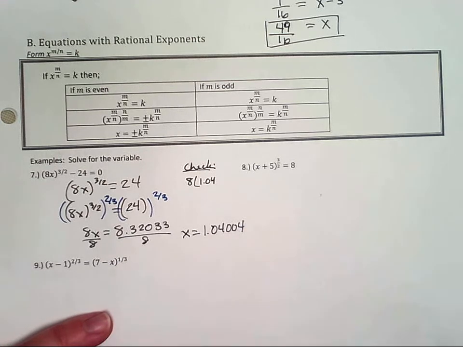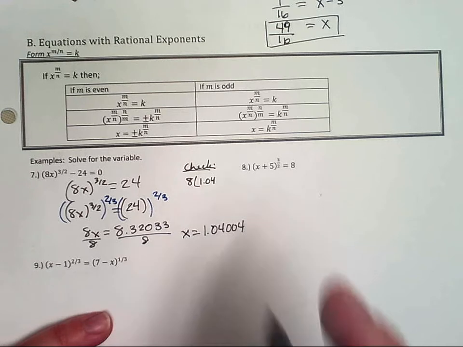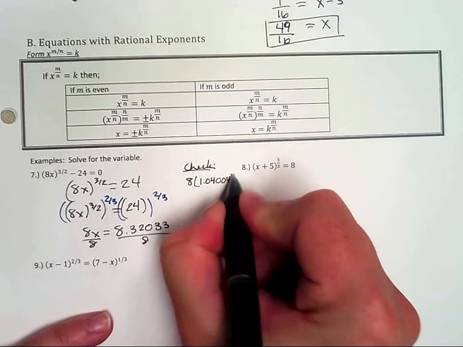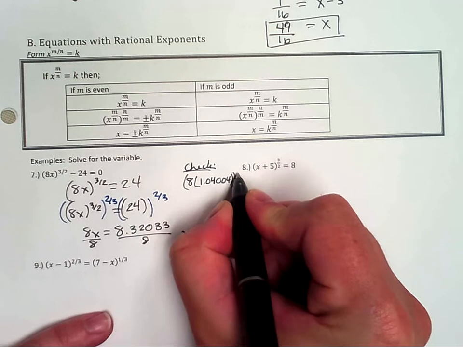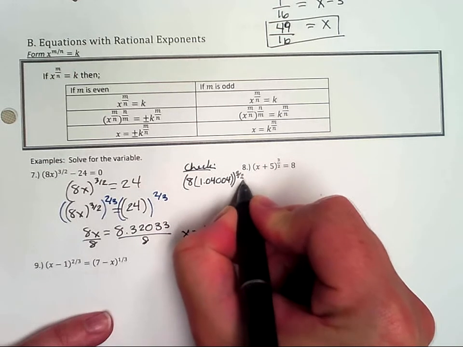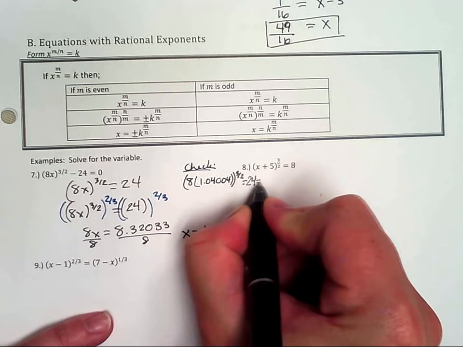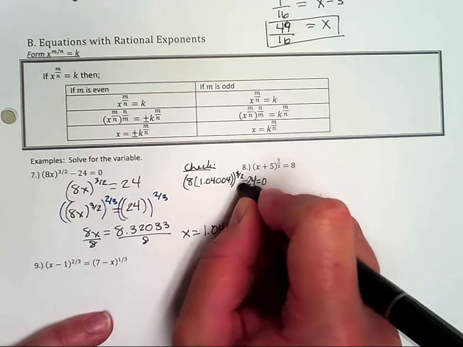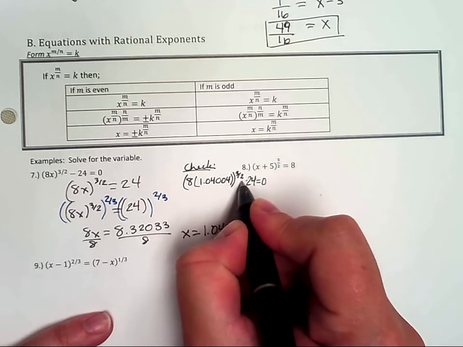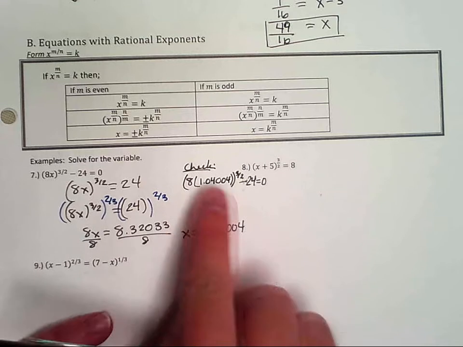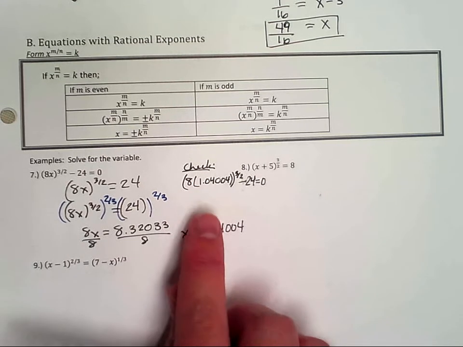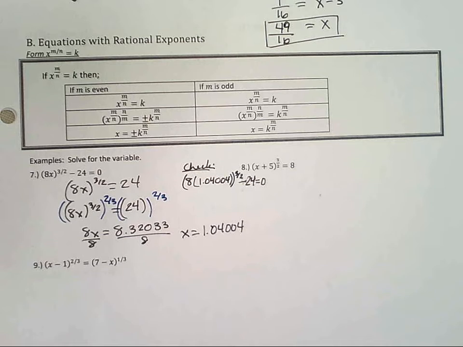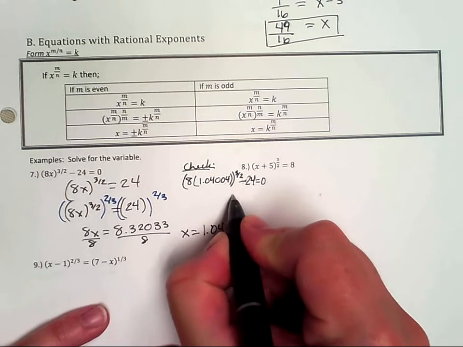Keep this number in your calculator and plug everything back in. So are you getting that it's true? Yes? That's why it's important to not round until the end, because if you put in like 1.04, you're going to get some ugly decimal, and you won't get it right.